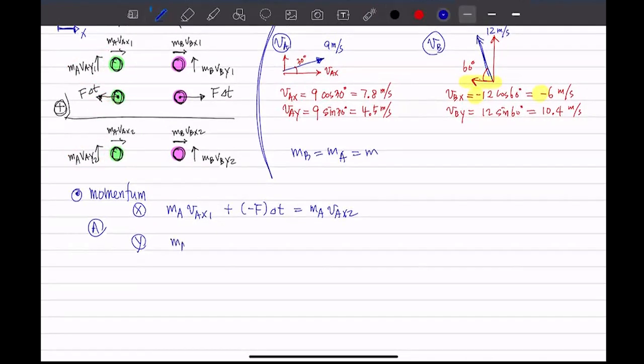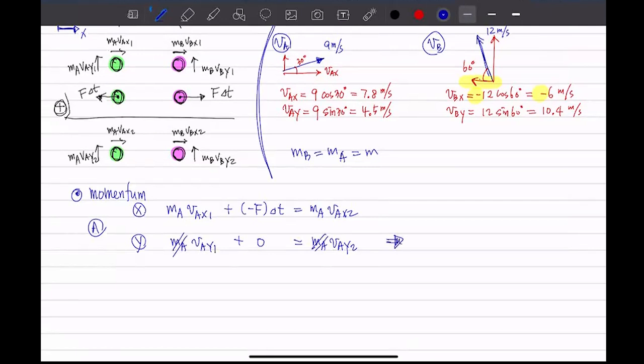So mA vA,y1 is going to be the same as mA vA,y2 because there's nothing there, or it's plus 0. So from here, we can clearly see the m's are the same.